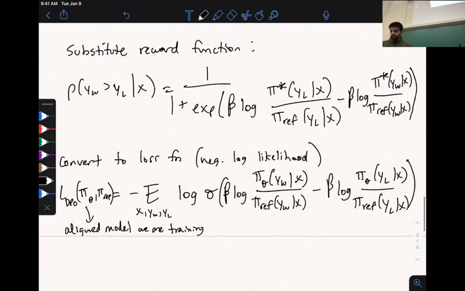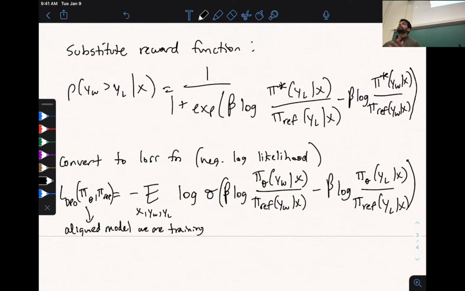Okay, so this is our final DPO loss, and we see that this loss term has no y's that are generated by the model in any way, right? So we don't have this issue of having to sample from the model. Also, note that this loss has no reference to the reward model in any way, right?